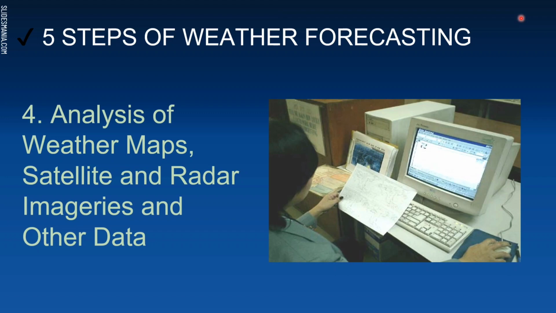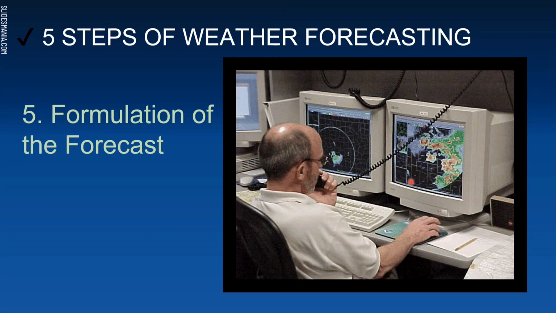Okay, so the computer plotted weather maps are analyzed manually so that weather systems like cyclones and anticyclones are located. And the last one is the formulation of the forecast. Upon completion of the review of all available meteorological information or data, the preparation of the forecast follows.